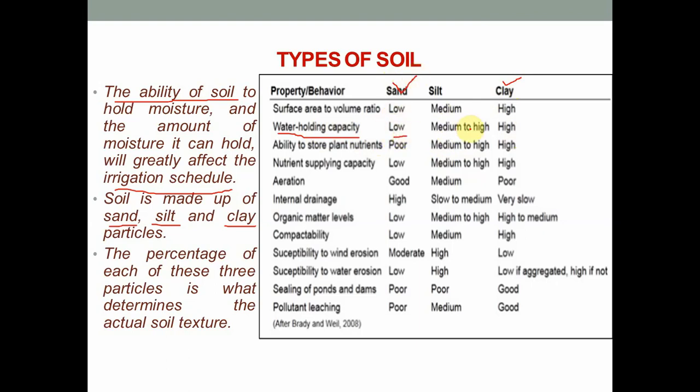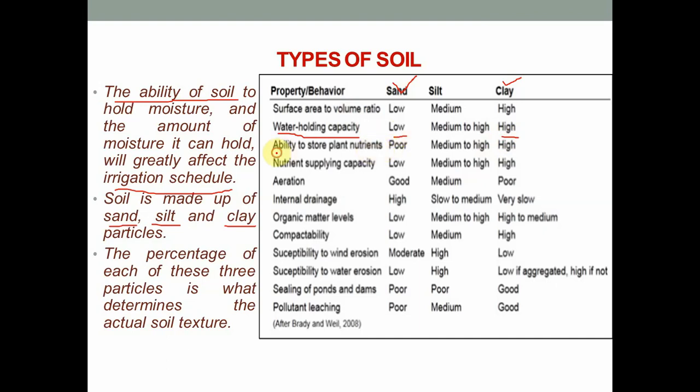Why? Because individually, the water holding capacity of clay is very high as compared to sand. So if a soil contains more clay, it will be greatly able to absorb and hold water as compared to a soil which contains more sand particles.